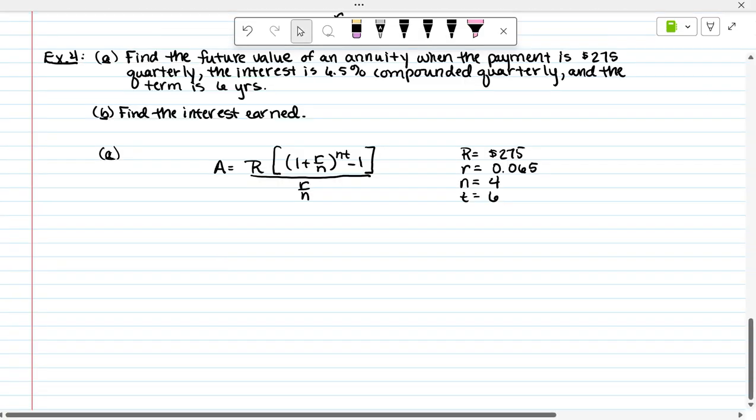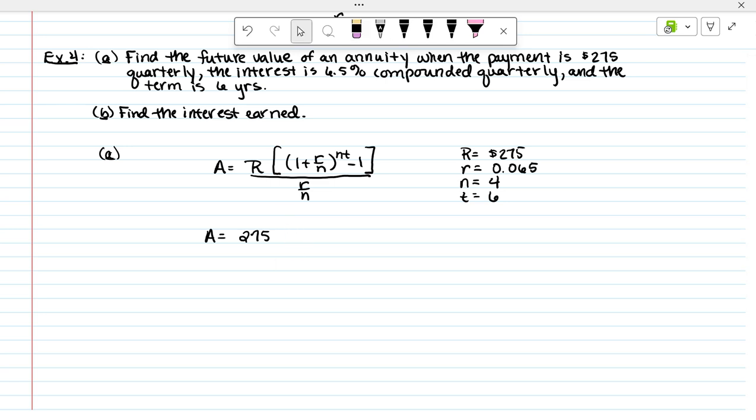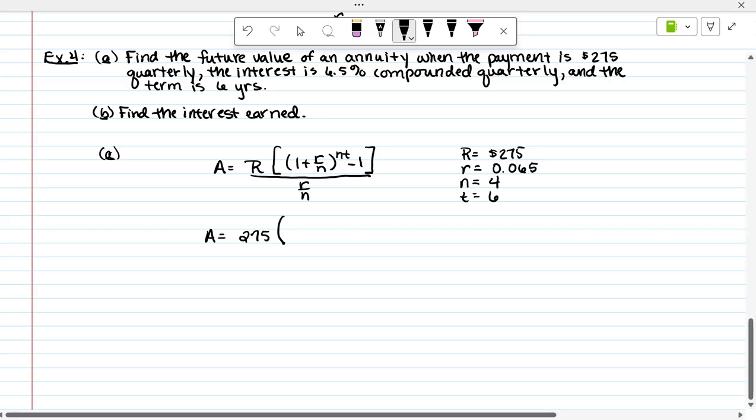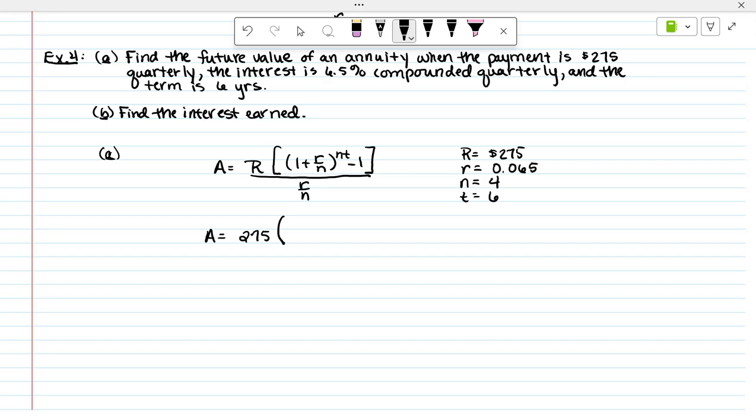So now I'm ready to plug those in and then try to build that in the calculator. So I've got 275. When you go to use your calculator, do not use a bracket. Brackets in calculators are used for coding, just like on the TI-84 Plus CE that you used.